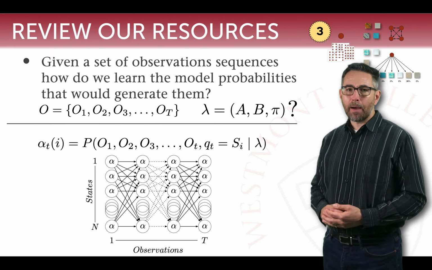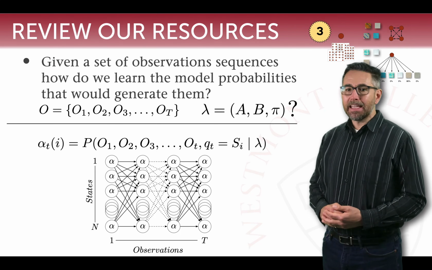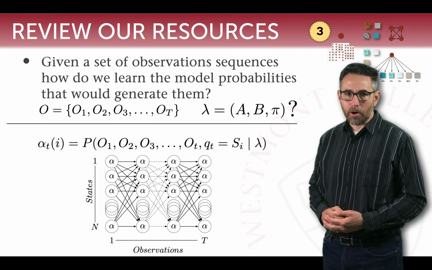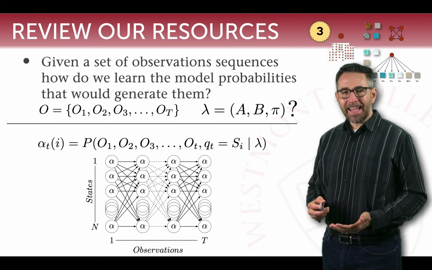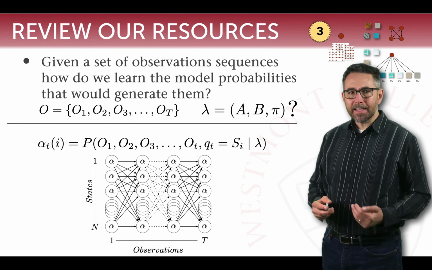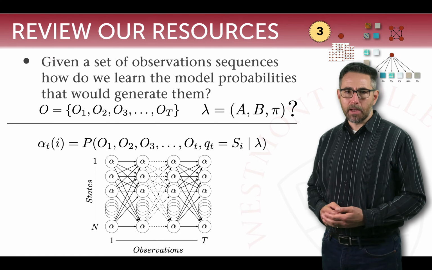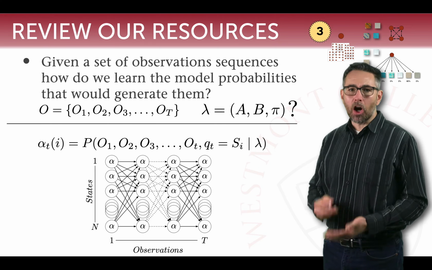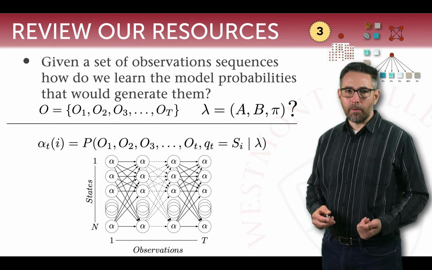Alpha captures the probability that we're in a given state, Si, at time lowercase t, given all the observations that have come before. And so what alpha tries to capture is not the exact path by which we got to state Si, but the probability of getting to state Si at all, given the observations that came before.